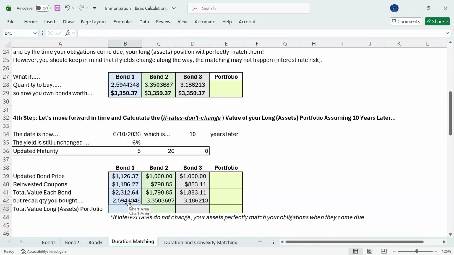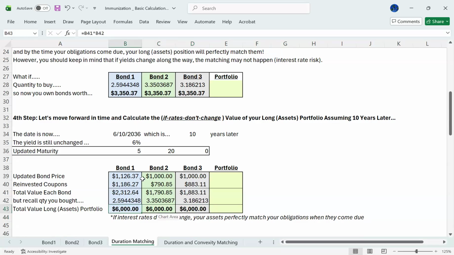So the total value of my portfolio is the value of each bond, the two components, the coupons deposited in that account and the updated price of my bond, times the quantity of each one of these bonds I have. And not surprisingly, if rates have not changed, rates are 6%, the value of my portfolio is 6,000 so I can invest in every bond.